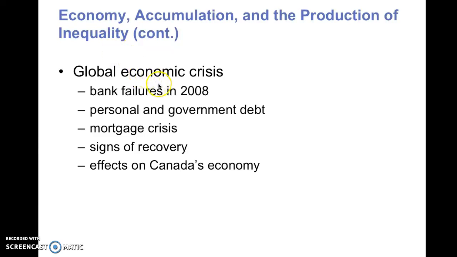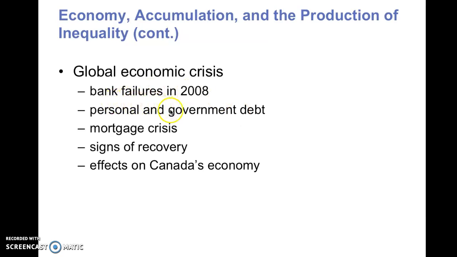The global economic crisis, which took place in 2008, was brought about by bank failures and a lack of government control. You had economic instruments that were broken into many parts, and those parts were sold on the market.